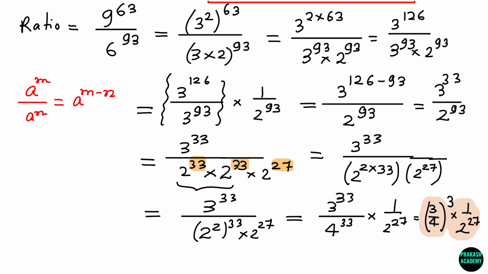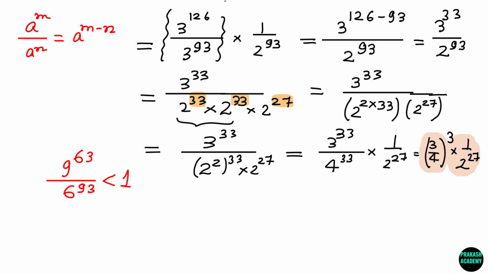What was the ratio? So this term, the ratio, that is 9 raised to the power 63 divided by 6 raised to the power 93, is less than 1. This means if I use the rules of inequality, I can say 9 raised to the power 63 is less than 6 raised to the power 93.